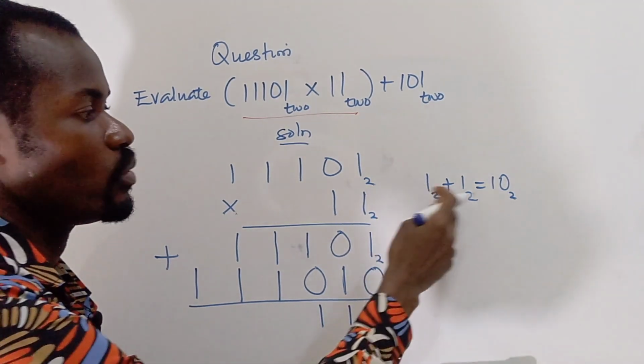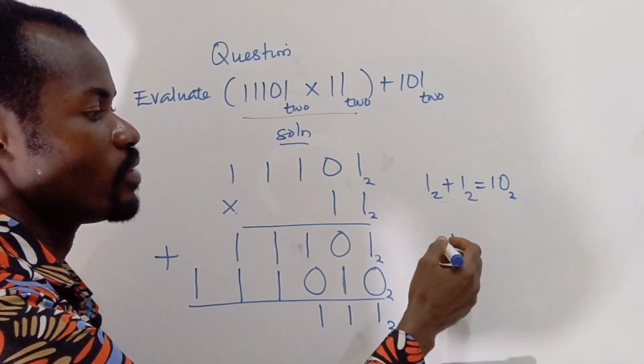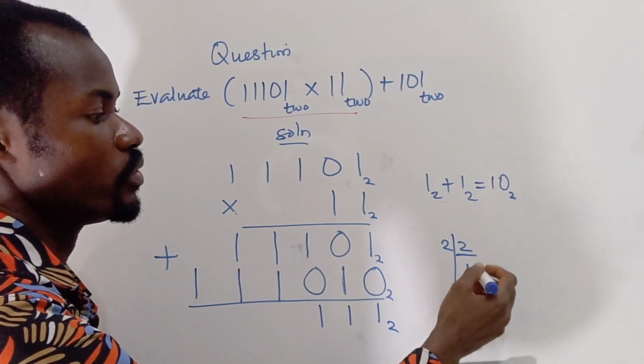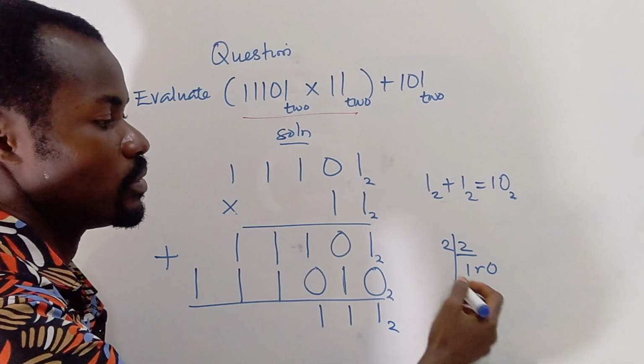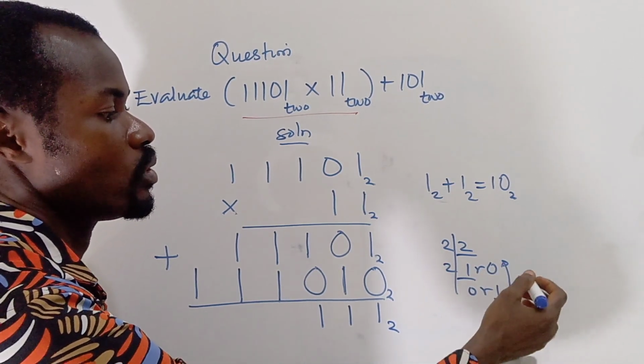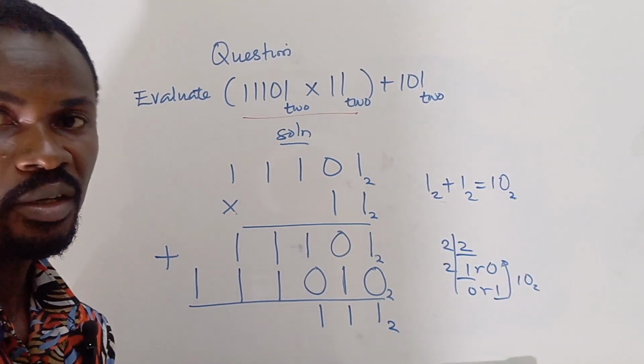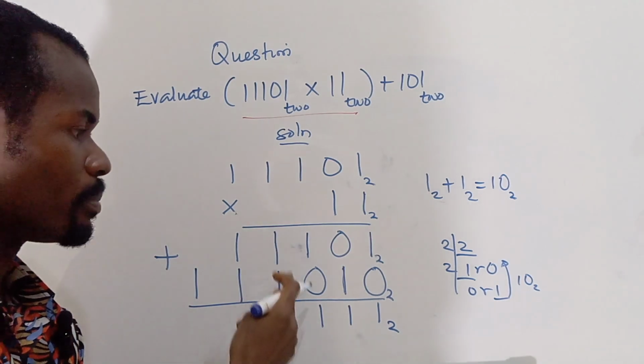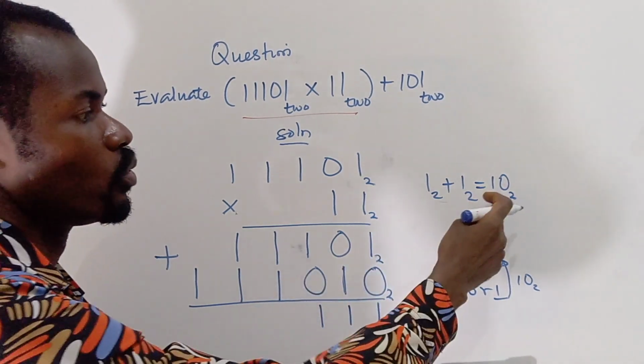Normally 1 plus 1 is 2. If you convert it to base 2, it's going to give you 1, remainder 0. 2 again, you have 0, remainder 1. So if you take it up, it is 10 base 2.